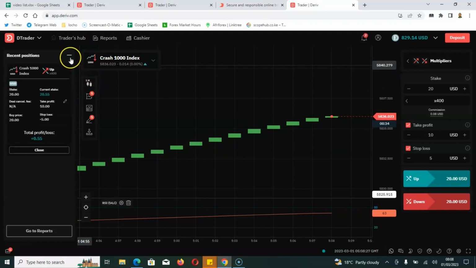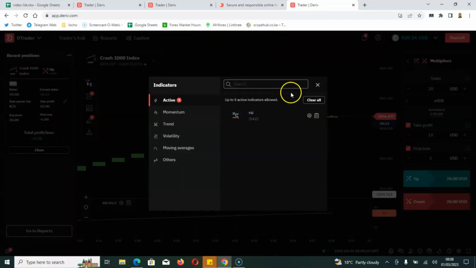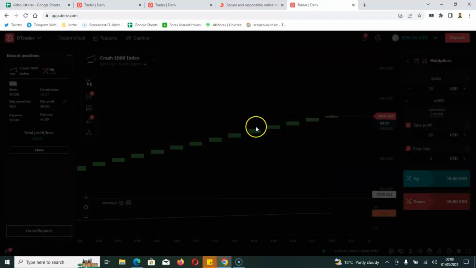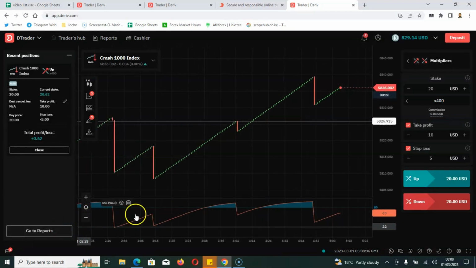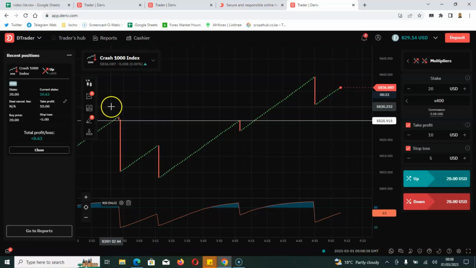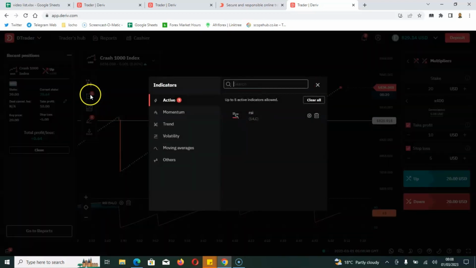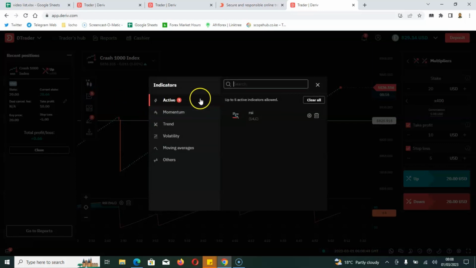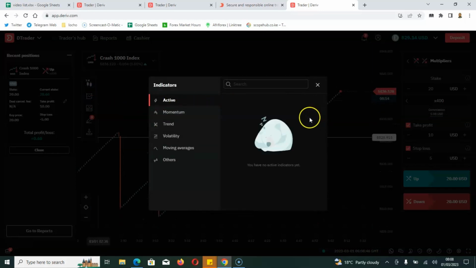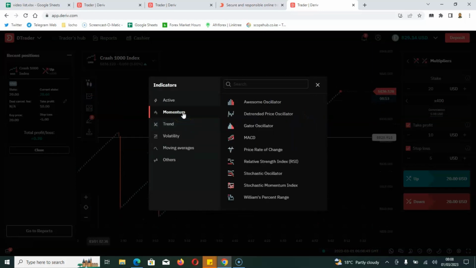So you need an indicator, and I want to place an indicator that is very simple. I'm not going to put many indicators, and the indicator that I'm going to use is RSI. So how do you add an RSI? You come here where we have indicators. I want to remove it first so that when I place it you see.